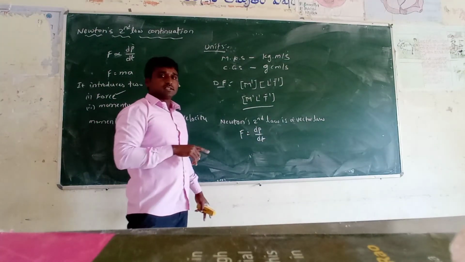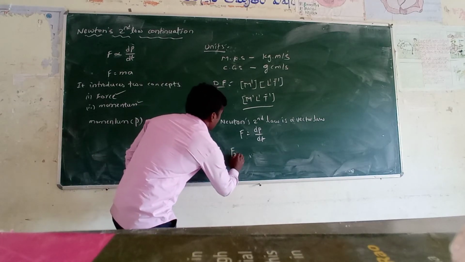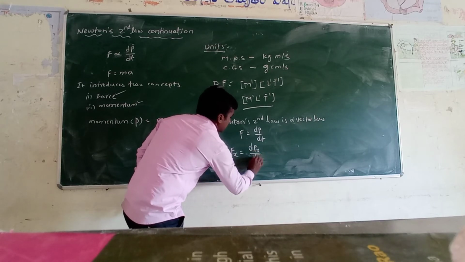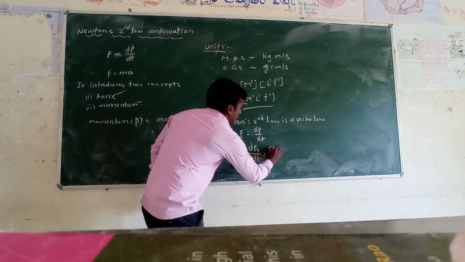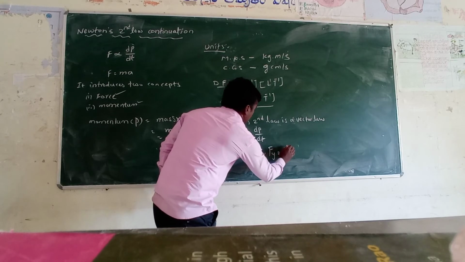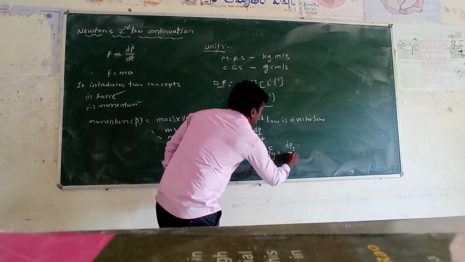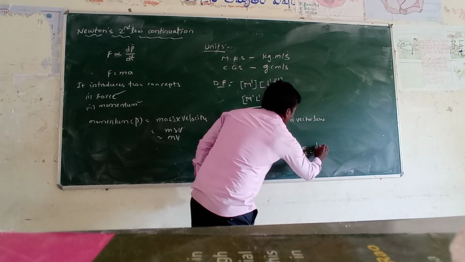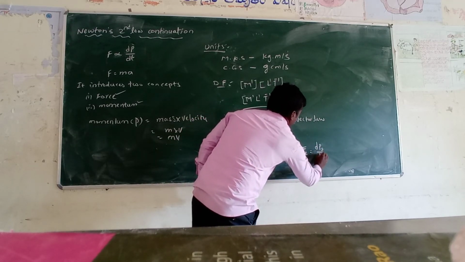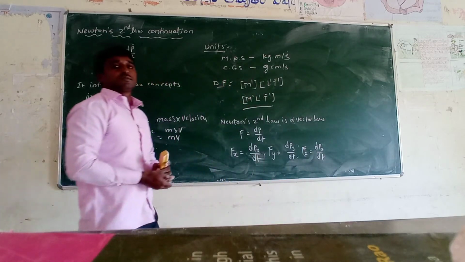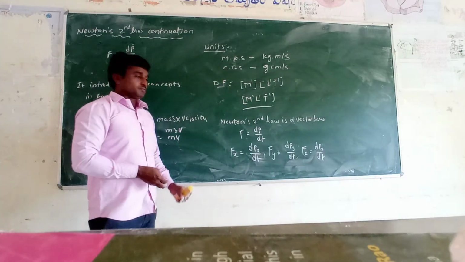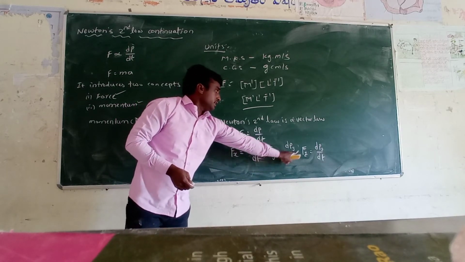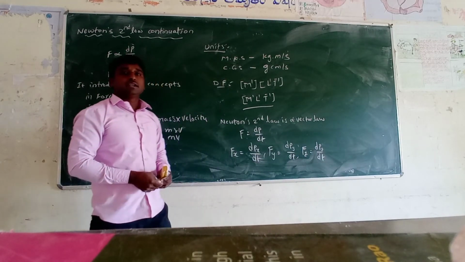Along the x direction, dpx by dt. Along the y direction, dpy by dt. Along the z direction, dpz by dt. So Fx is equal to dpx by dt, Fy is equal to dpy by dt, Fz is equal to dpz by dt.